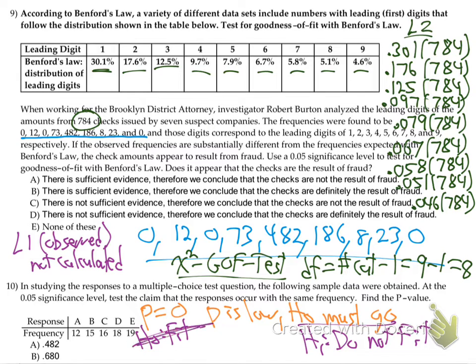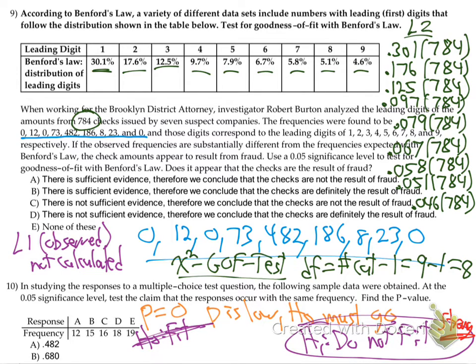So cross out H0, keep H1. And we know whenever you're doing H1, that's strong evidence, isn't it? So there's strong evidence that the data doesn't fit.